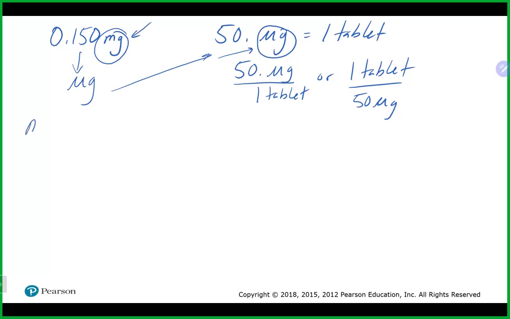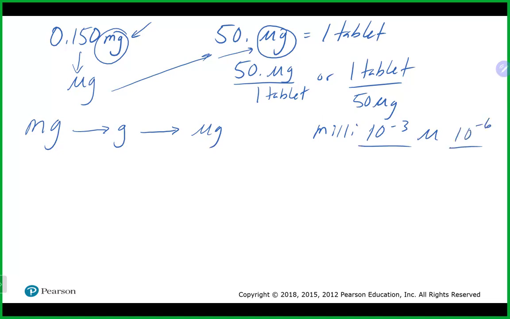My route to get there is going to go milligrams back to grams to micrograms, using that base unit to get us there. The reason we want to do that is because we could look on that chart and look up our milli, and we could see that our milli is 10 to the minus 3 there. And we could also look up our micro and see that that's 10 to the minus 6.